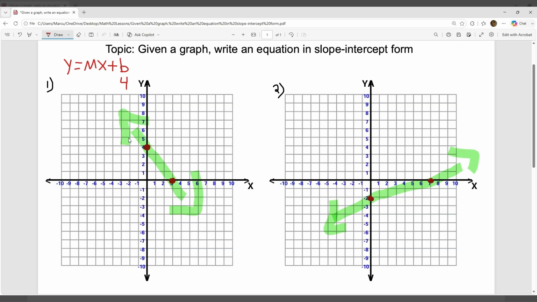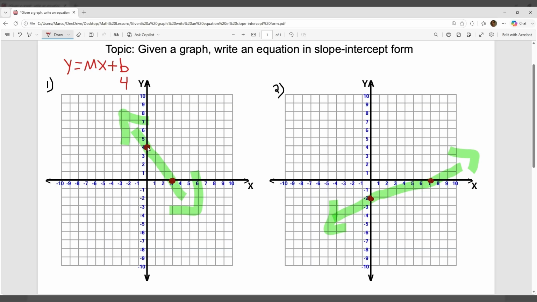Your next step is to find a slope. To find a slope, you have to count your steps from one point to the next point. Keep in mind that you can only count when you start moving. So right here, I'm not moving yet, therefore I'm not counting.